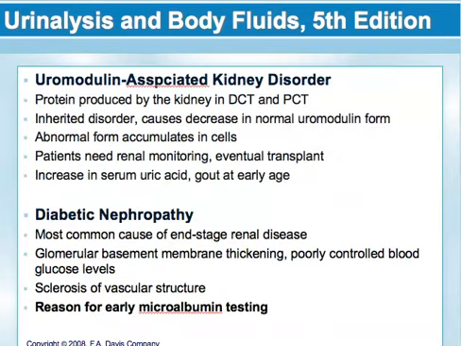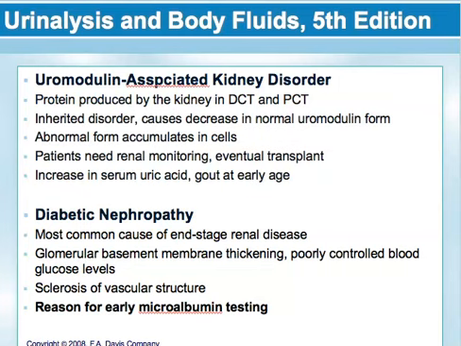With uromodulin associated kidney disorder, uromodulin, remember, which is also Tamm-Horsfall protein, is the only protein produced by the kidneys in the distal convoluted tubules and the proximal convoluted tubule, and it is the primary protein found in normal urine.